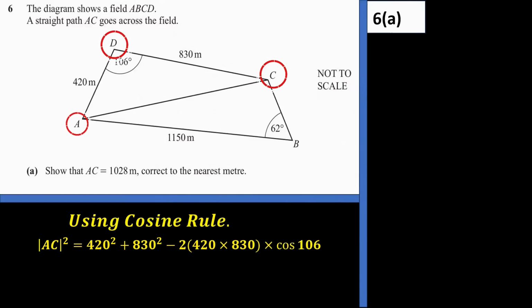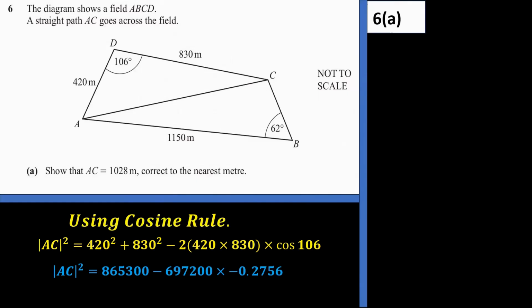When we are applying the cosine rule, we have 2 sides and 1 included angle. So we have AC squared equals 420 squared plus 830 squared minus 2 into bracket 420 times 830 times cos 106. Now when we multiply out, cos 106 is going to give us a negative value, minus 0.2756.